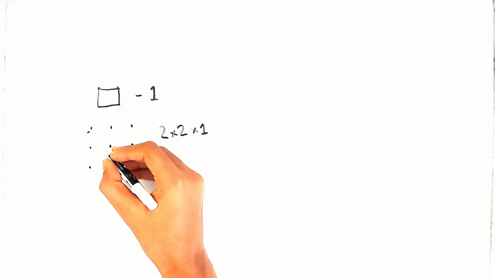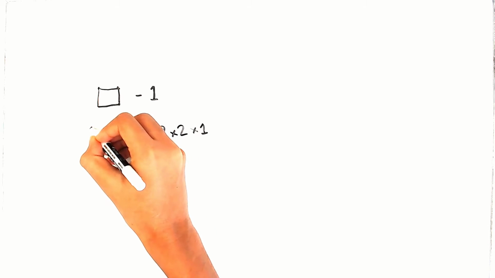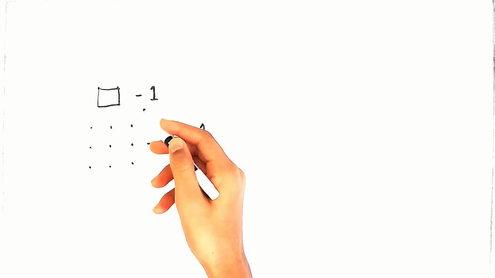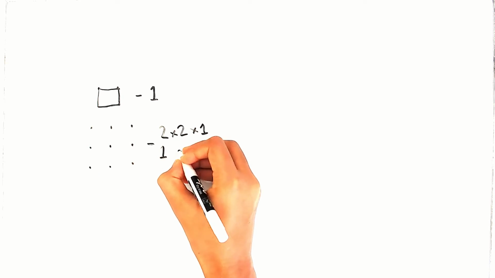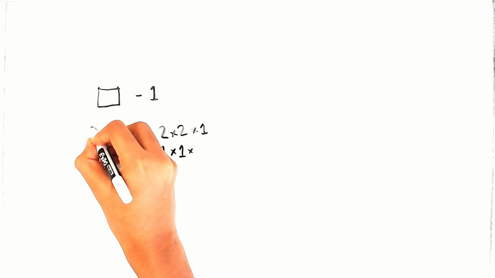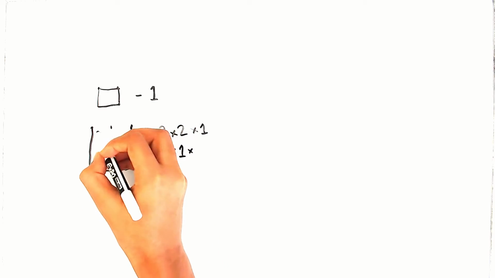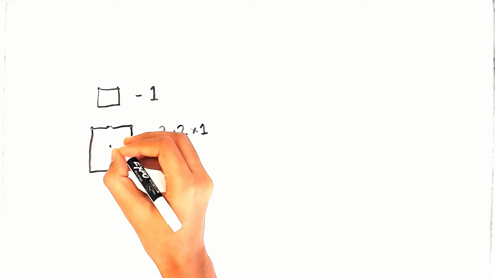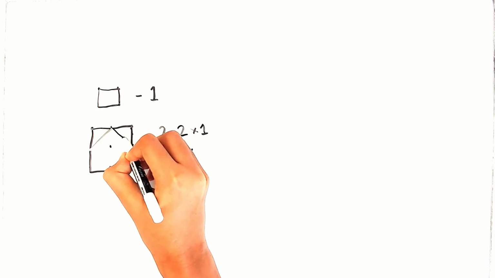Now let's go with 3 by 3 squares. So here we can make a full square here, but it's 3 by 3, so we're using the whole thing. So that means it must be 1 times 1 times. So here we can make 1, and we can actually make another one that goes like this.